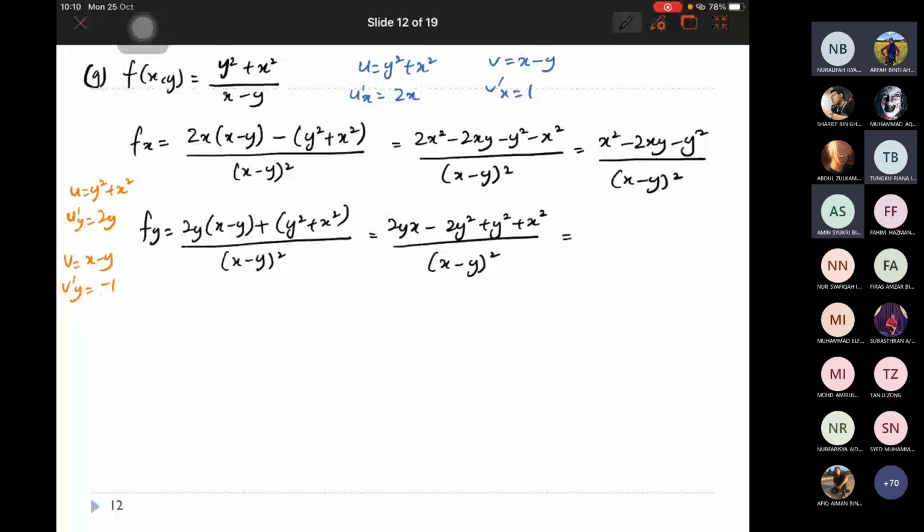So from here we get 2yx minus y squared plus x squared over (x minus y) squared. Okay. So this is the answer for f_y.